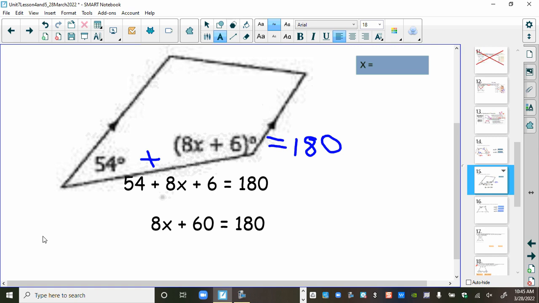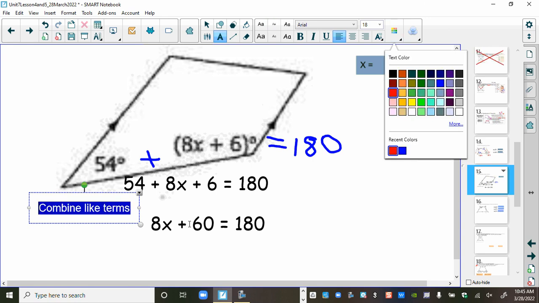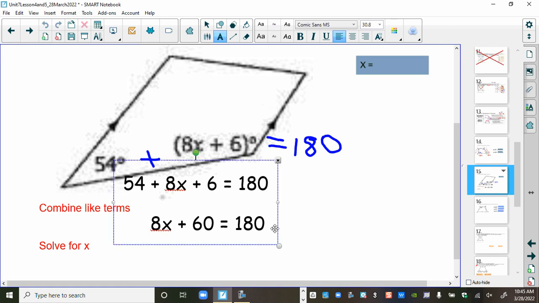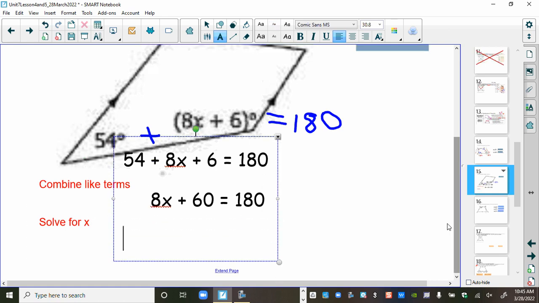15. Solve for x. And then somebody said it. 120 equals 8x. X is 15.